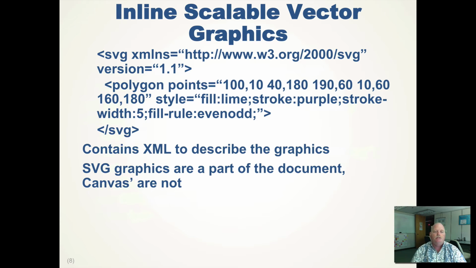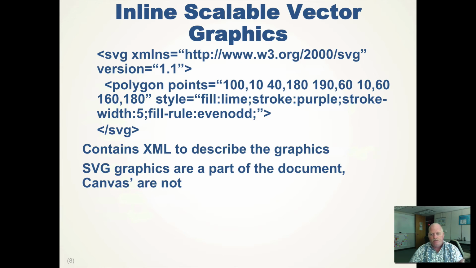You then create the different tags, like this is a polygon that has points, and then you set the style on the polygon, similar to the style attribute. So we're saying the fill is lime, the stroke is purple, the stroke width is 5, and how we're going to fill it: even odd.